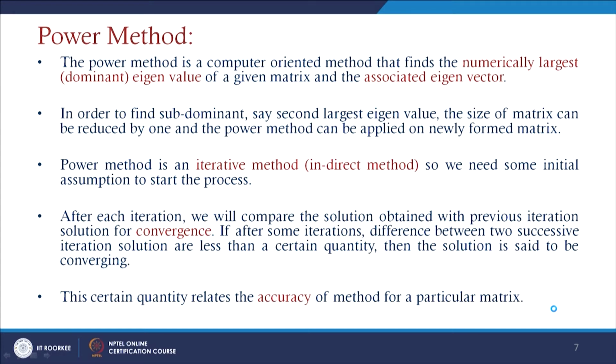After each iteration we compare the solution obtained with the previous iteration solution for the convergence criteria, and if after certain iterations the difference between two successive iterations achieves this degree of accuracy, then we can stop the iterations, and that solution is said to be a converged solution. This certain quantity relates the accuracy of the method for a particular matrix.